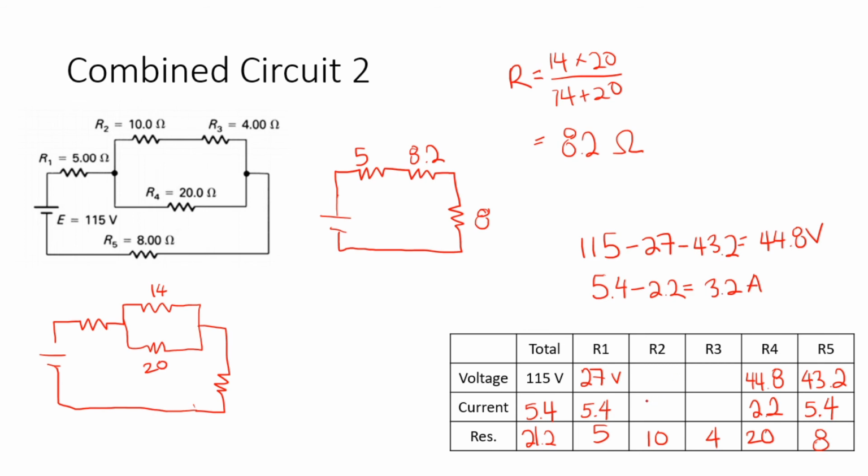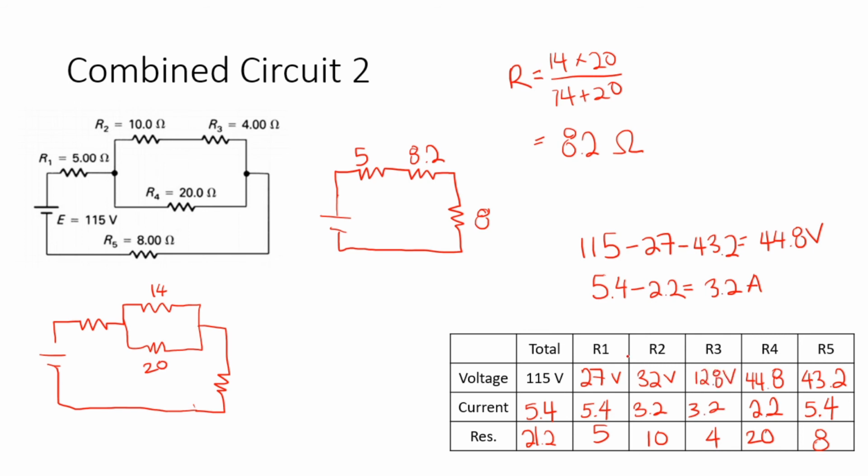R2 and R3 in our original drawing are in series, so they're each going to see that 3.2. And then you're going to do the math to solve the rest of the circuit. 10 times 3.2 is 32 volts. And 4 times 3.2 is 12.8 volts.